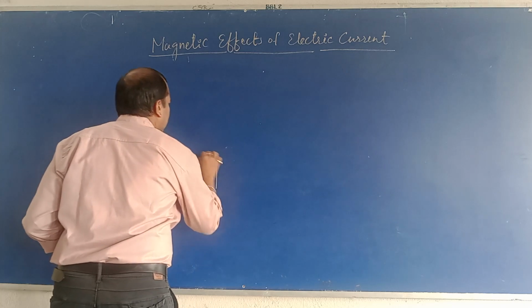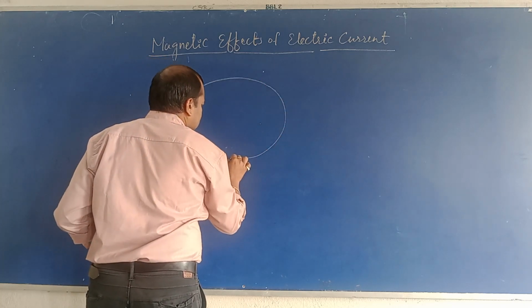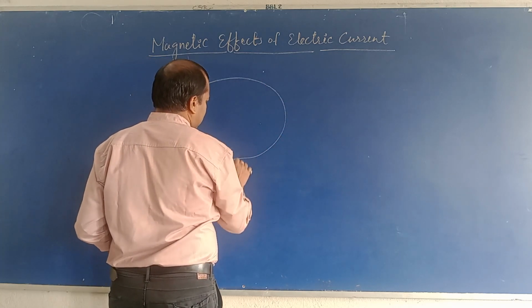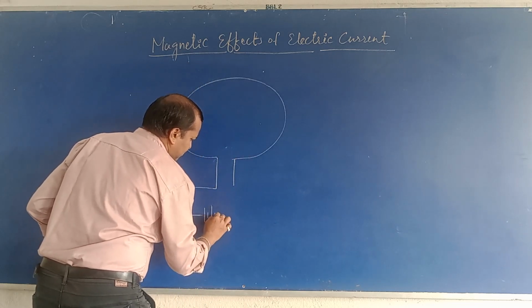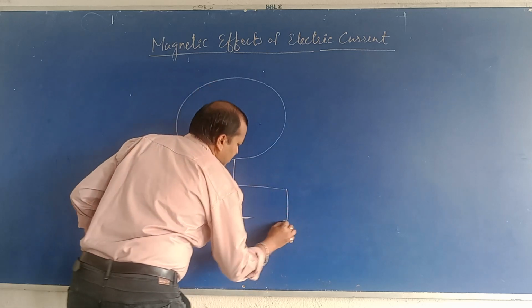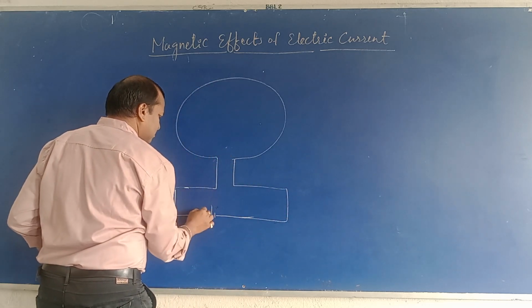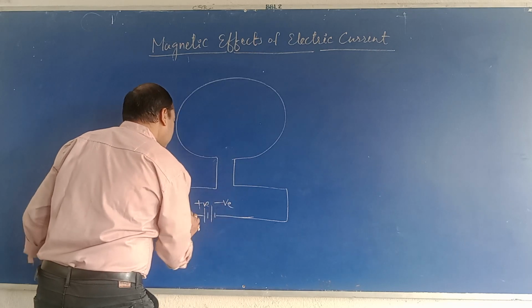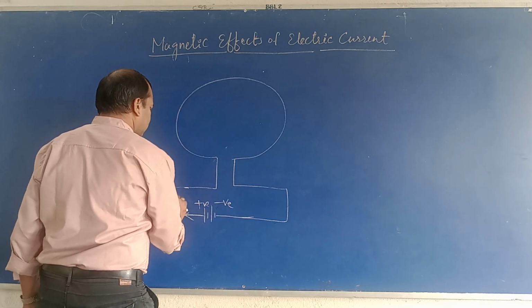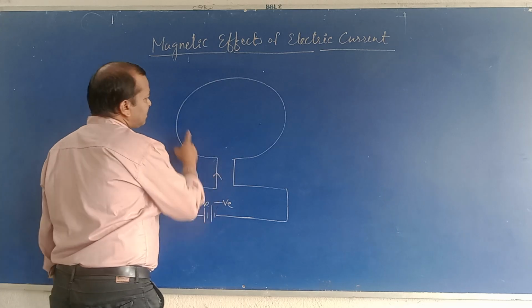See, what is a circular loop? A circular loop is a loop like this, connected to the positive terminal and negative terminal. From the positive side, current will flow. This is a circular loop.